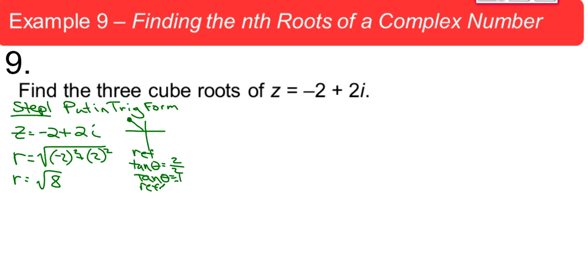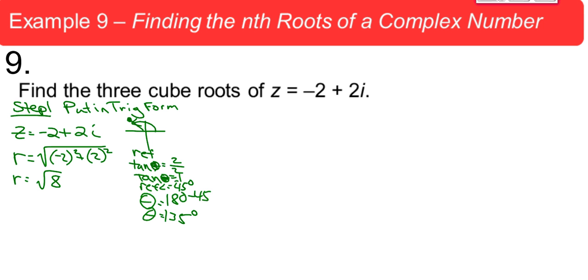The reference angle is 45 degrees. And if that's 45 degrees, what is theta? Those are the reference theta. What's 180 minus 45? So theta is 135 degrees.